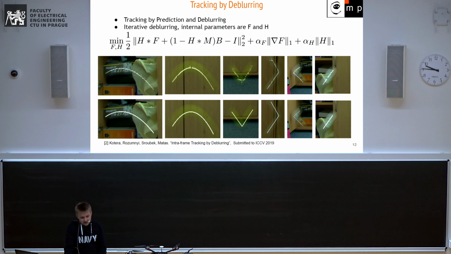And this is basically a minimization problem where the first data term is just fidelity to our model. So you have the image I, and this is what it should be, our model, how it should look like, and you're trying to minimize the error. And then there are some terms to enforce smoothness, that the object is smooth and the trajectory is sparse.